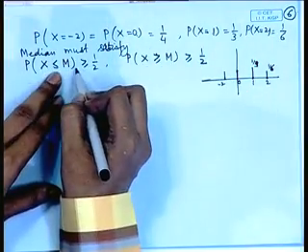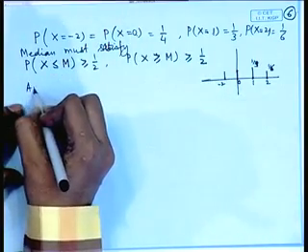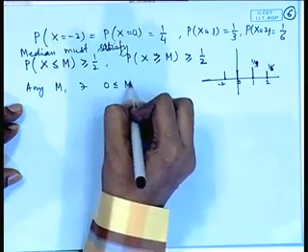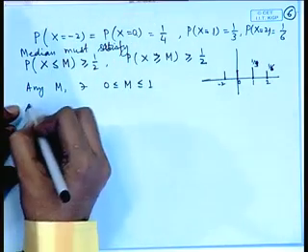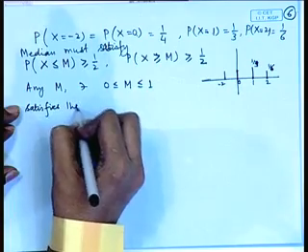Any point which is greater than or equal to 0 will satisfy the first condition. So, any m such that 0 less than or equal to m less than or equal to 1 satisfies the two conditions.